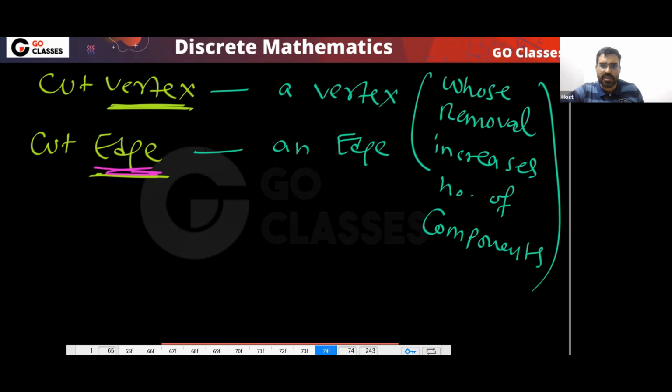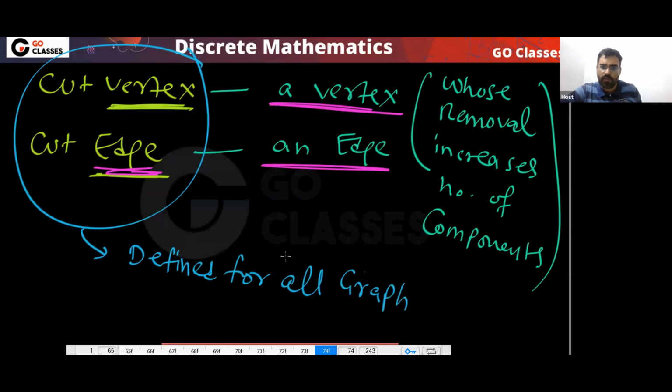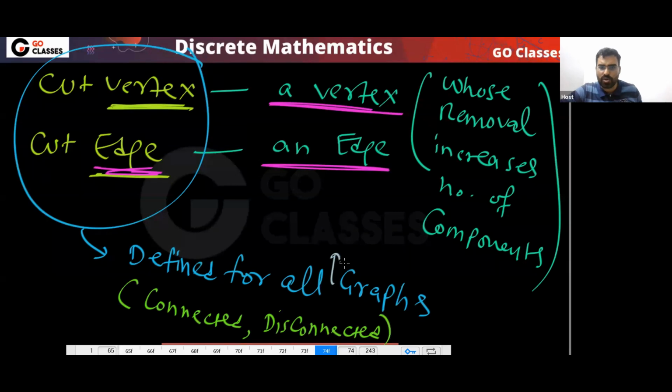Cut vertex, cut edge: here the focus is on a particular vertex, and here on an edge. Remember, these concepts are defined for all undirected graphs, connected or disconnected.